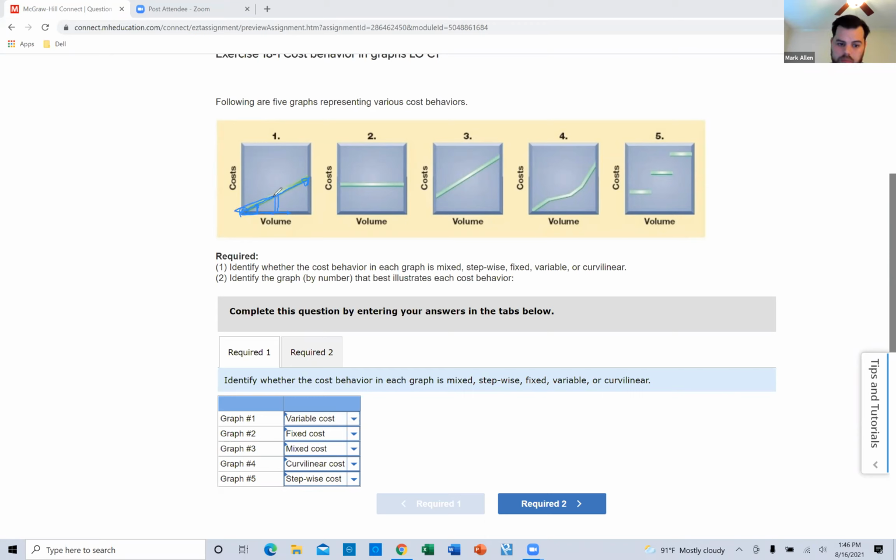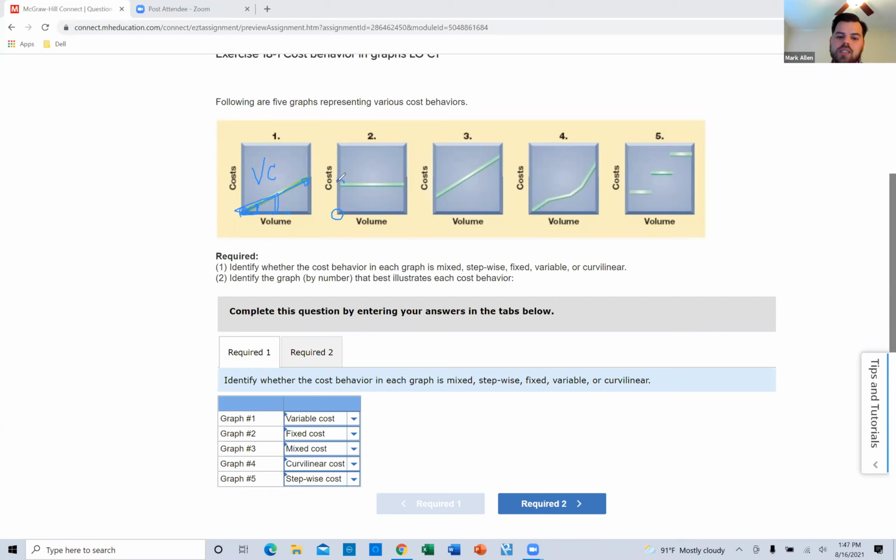This triangle, of course, is bigger, but it's the same ratio of the side lengths because it's a directly proportional change. So this is obviously, because of those reasons, this is a variable cost. Now, number 2, we say, well, all right, when I have no volume, I don't have 0 cost.